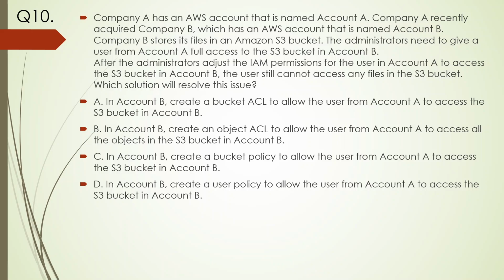Letter A, in account B, create a bucket ACL to allow the user from account A to access the S3 bucket in account B. Letter B, in account B, create an object ACL to allow the user from account A to access all objects in the S3 bucket in account B. Letter C, in account B, create a bucket policy to allow the user from account A to access the S3 bucket in account B. Letter D, in account B, create a user policy to allow the user from account A to access S3 in account B. It's all account B action.